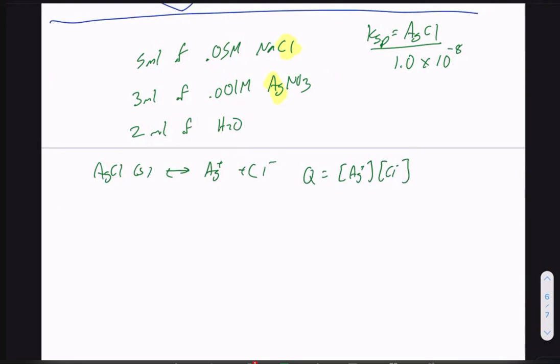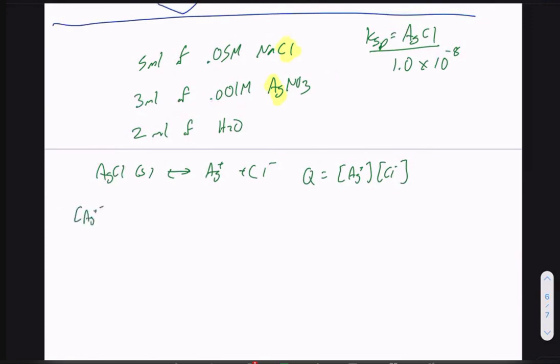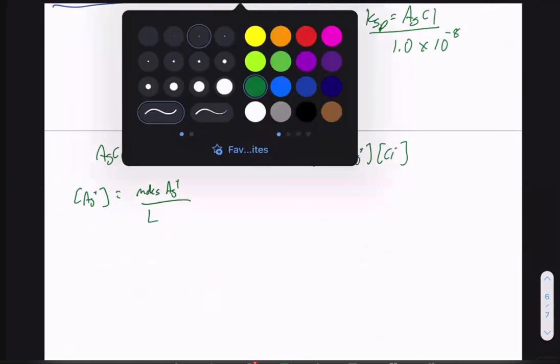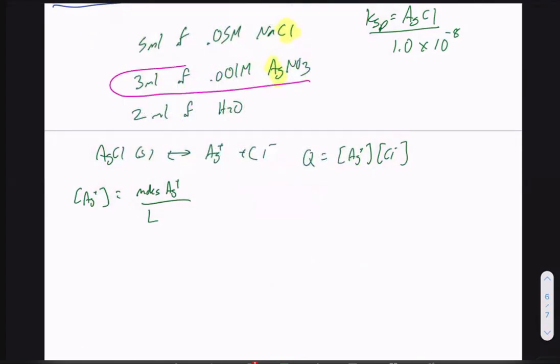So I need concentrations. For the concentration of silver, it would be the moles of silver over the volume. So we need both of those things. To find moles of silver, no, not yet, because we need to figure out how many moles there are first.